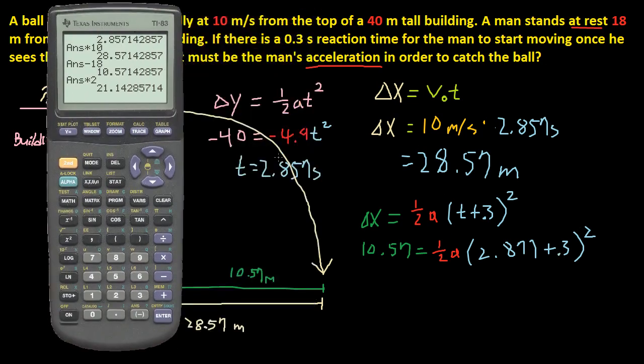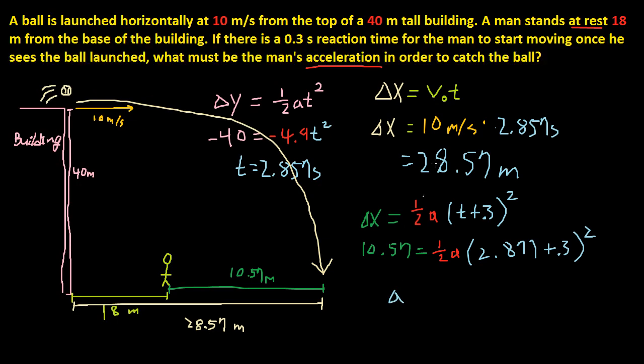Why is it 2.87? This should be 5, by the way. So that divided by 2.857 plus 0.3 squared, we get the acceleration of 2.12 meters per second squared. And that's our answer.